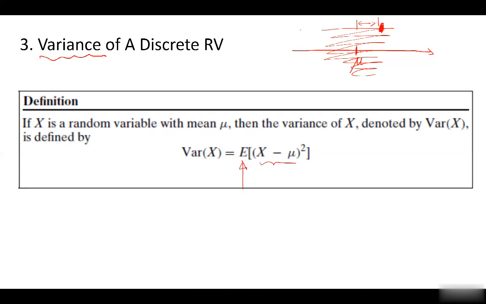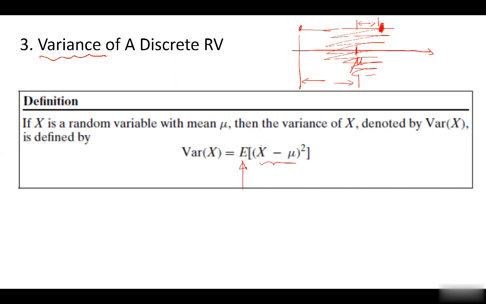Because X can be many different numbers, this difference is also a random variable, right? So for this random variable, we can also calculate its expected value. And this expected value is naturally the measurement of the level of fluctuation, right?